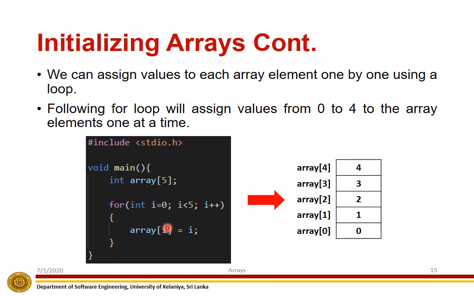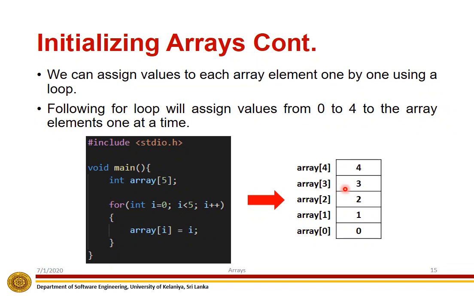So again array 1 equals 1. So 1 will be stored in position 1. Then 1 plus 1, 2. 2 is also less than 5. So array 2 equals 2. Then 2 will be assigned to the second position. Then 2 plus 1, 3. 3 is also less than 5.